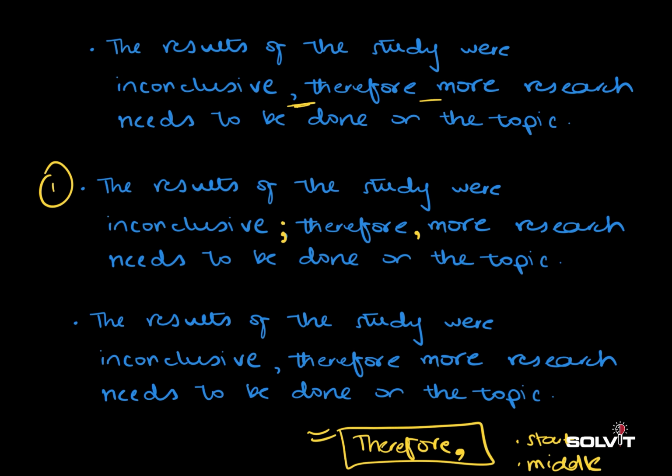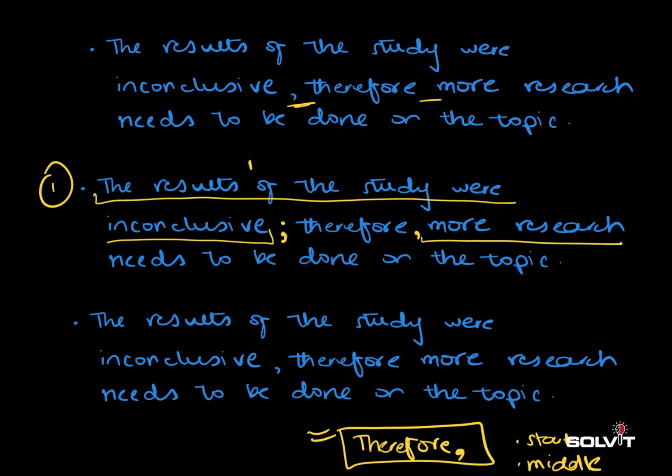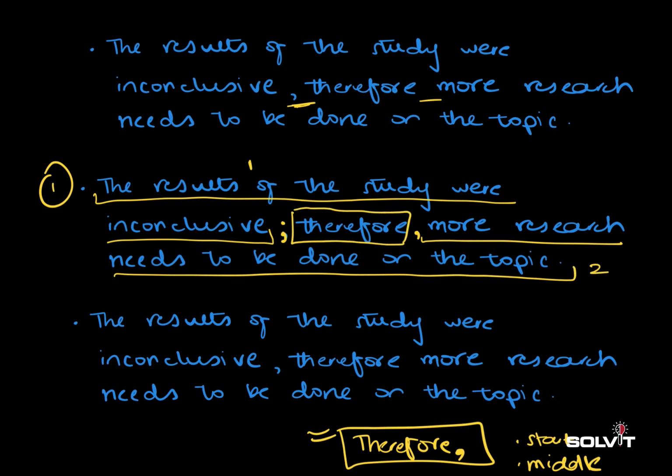These two sentences are complete on their own, right? This is number one, and this is number two. Okay, the word therefore in the middle is just a connective. Okay, let me write that.